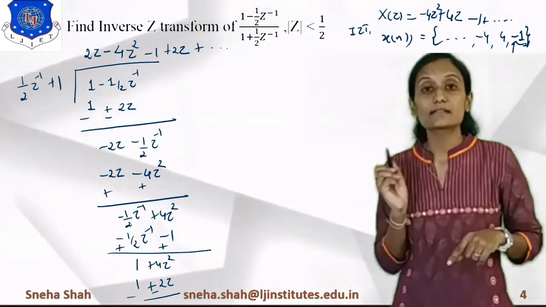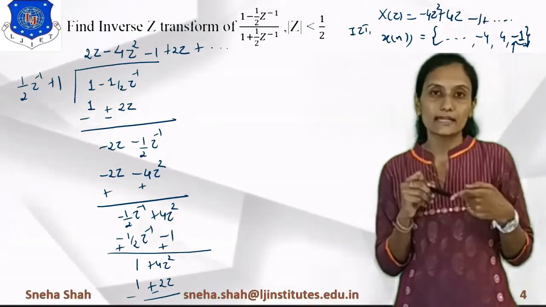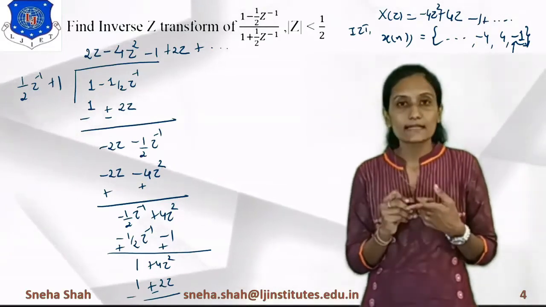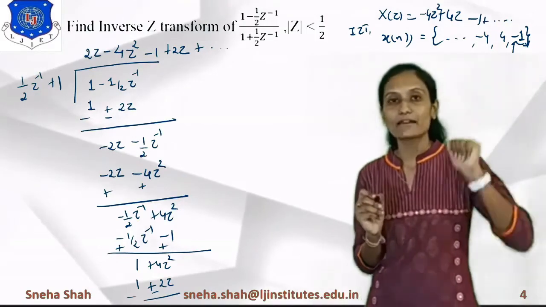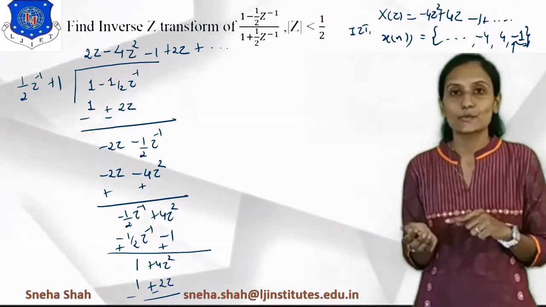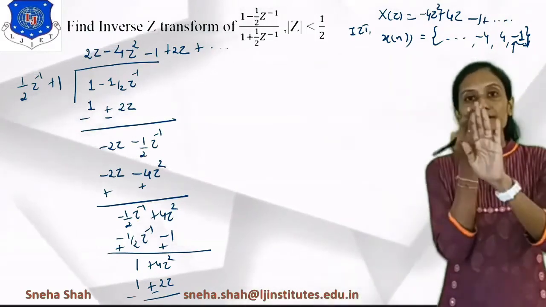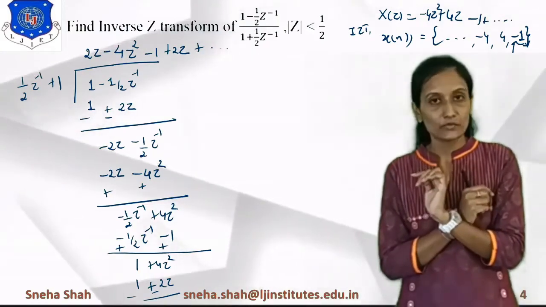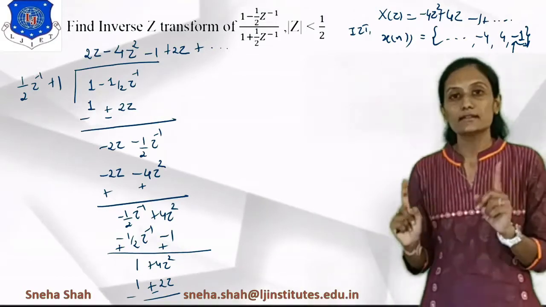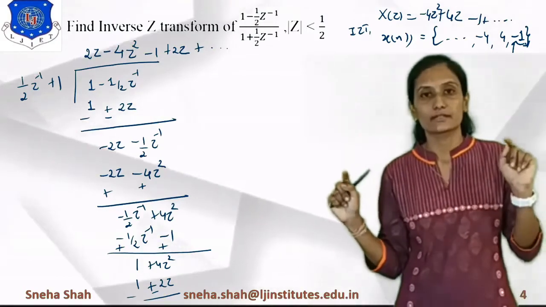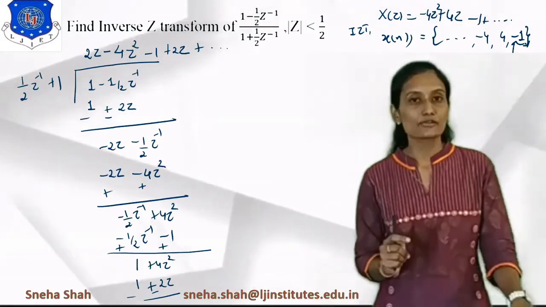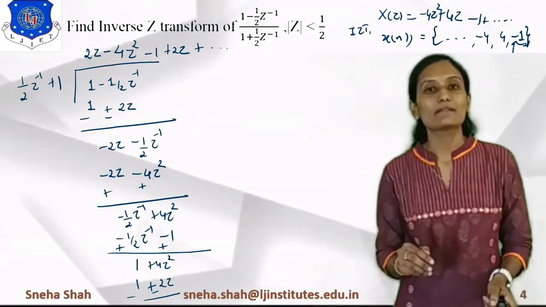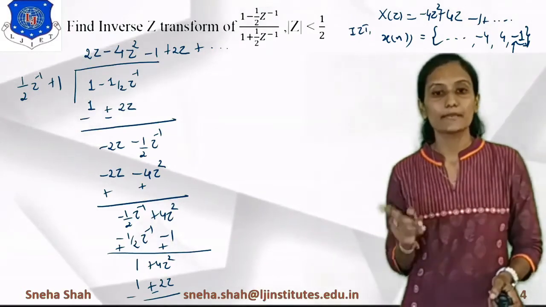But if the sequence is given to you in the form of anti-causal, or in the left hand side plane, then we will convert the denominator, the order will be reversed, and the answer will be written from right to left. So this is the rule to solve any example by using the power series or long division method.